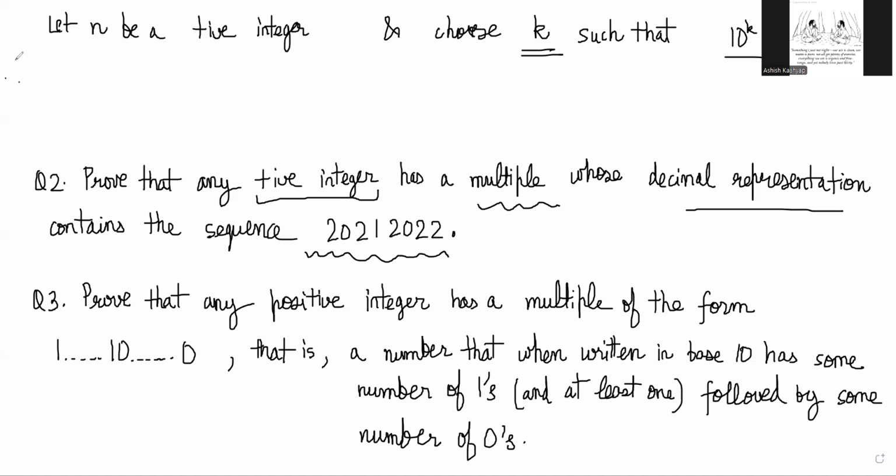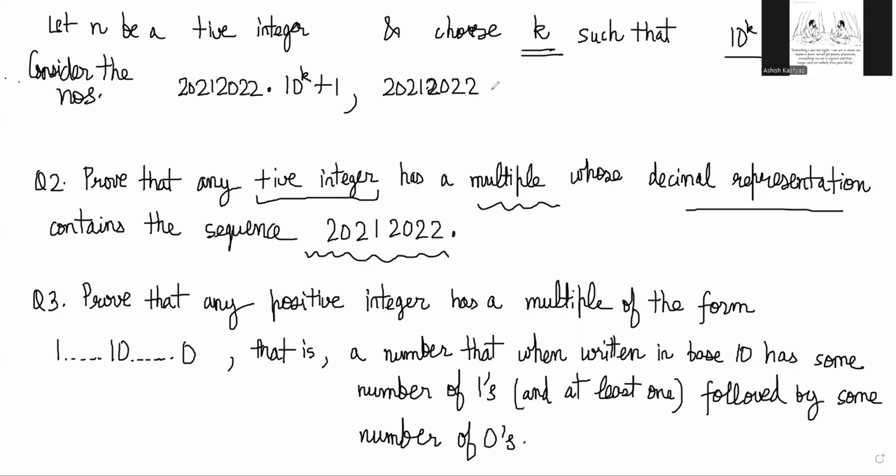Now, consider the numbers 2021 2022 into 10 power k plus 1. Similarly, 2021 2022 into 10 power k plus 2.